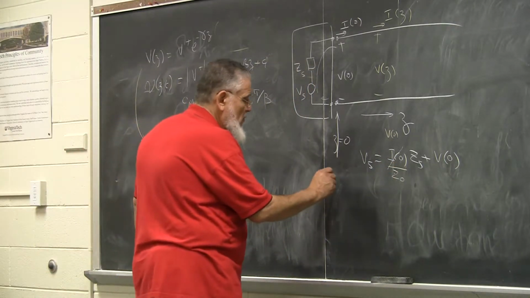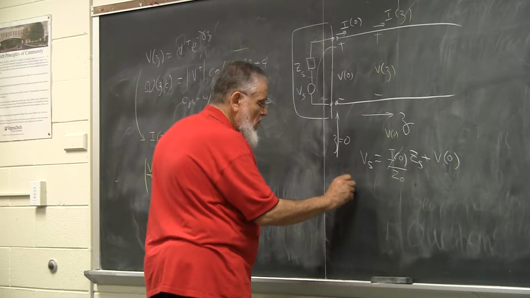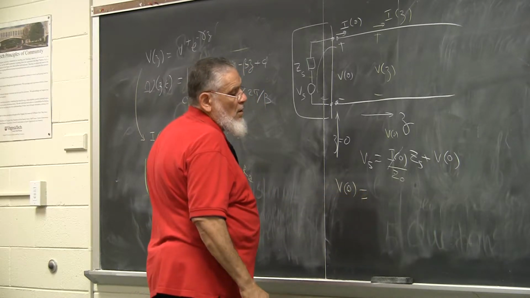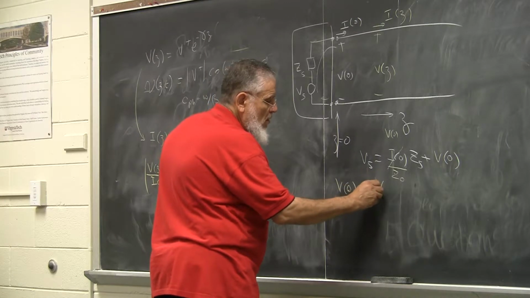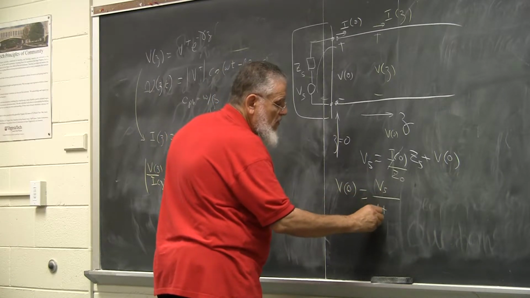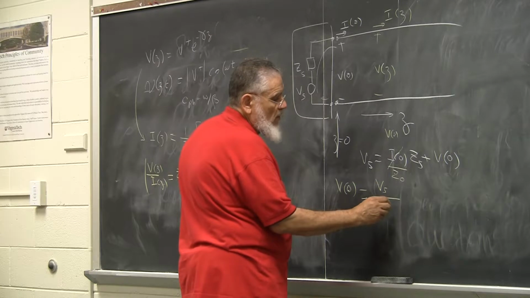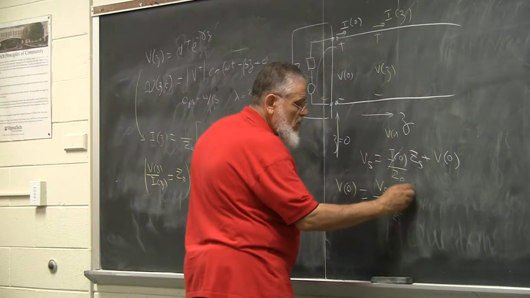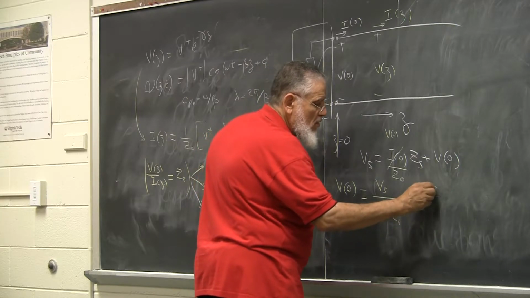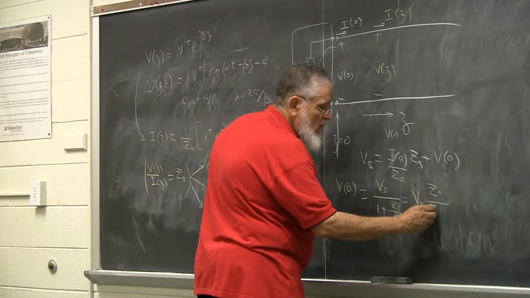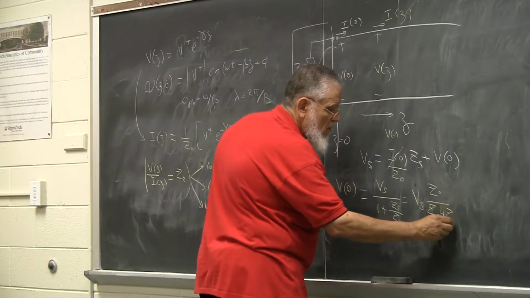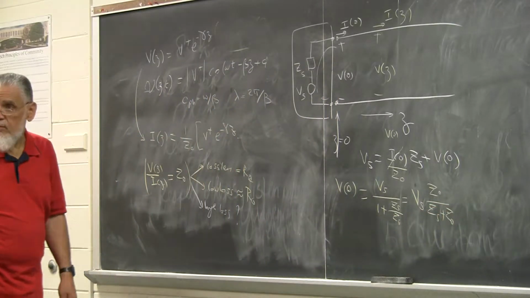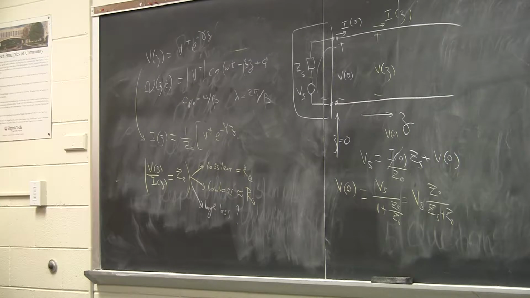So from there I can find my V of 0. V of 0 is Vs divided by 1 plus Zs over Z0, which is Vs times Z0 divided by Zs plus Z0. Very simple expression.